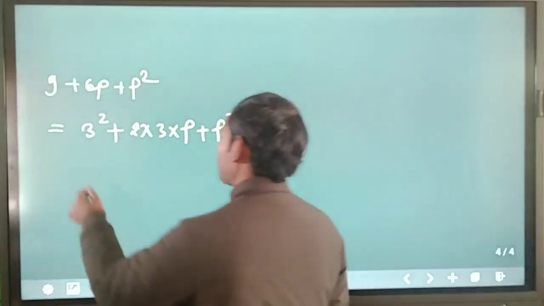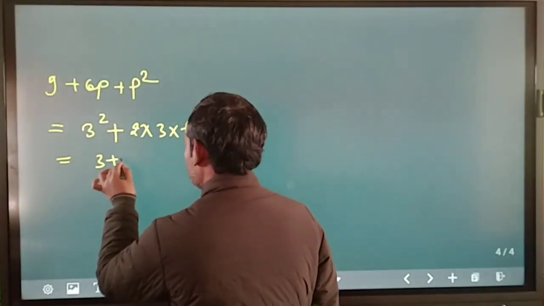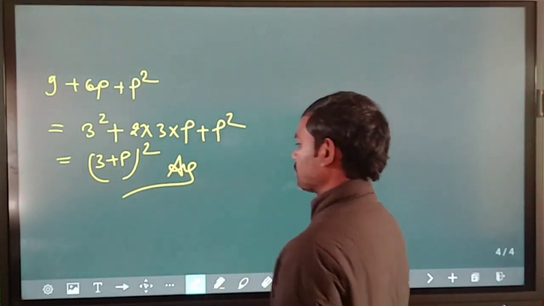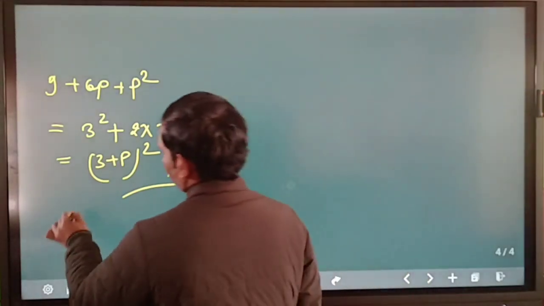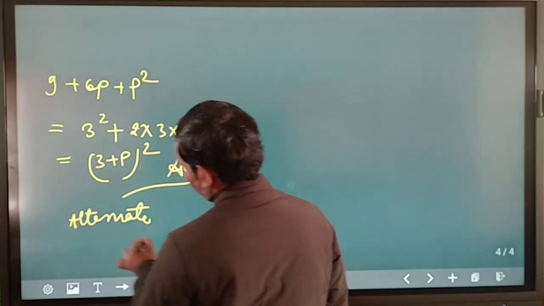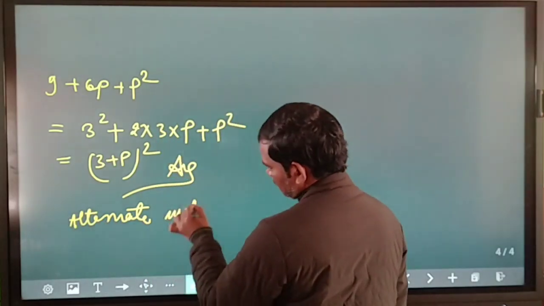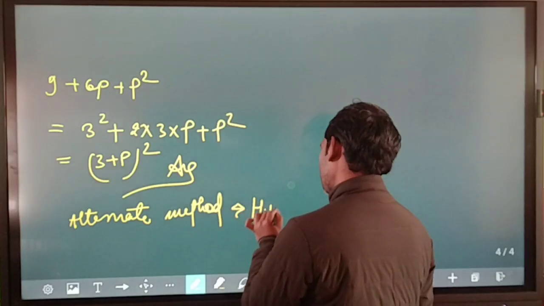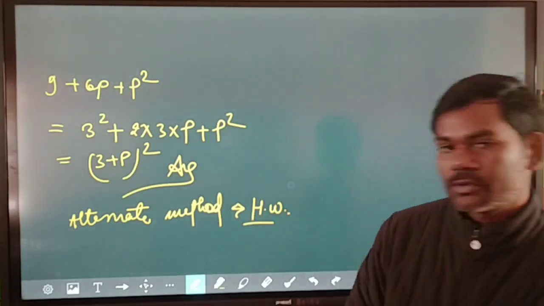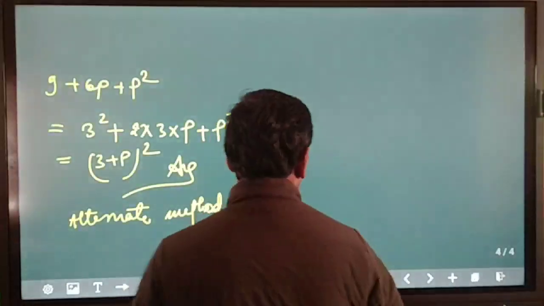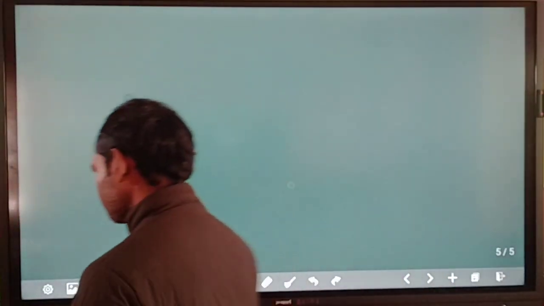So it can be written as (3 plus p) whole square, which is the required result. The alternate method is your homework. You have to solve using the alternate method. Okay. Now let's see the next question.